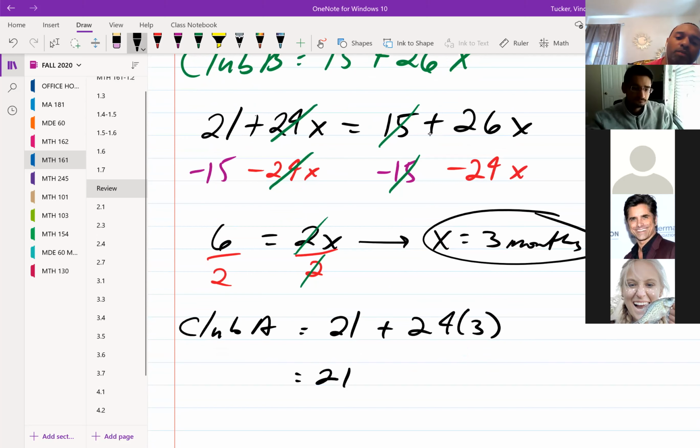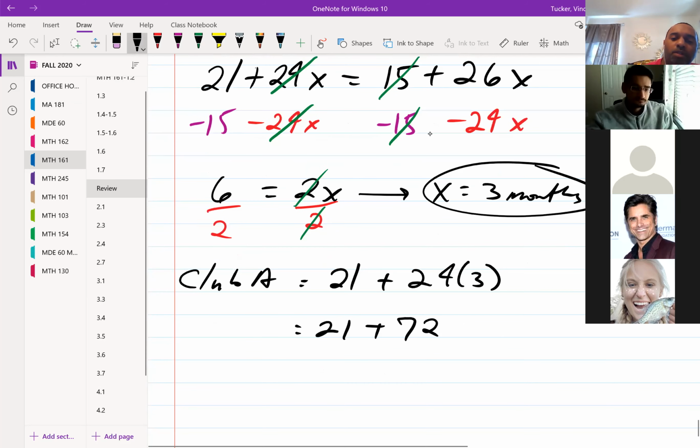So that's 21 plus 72, not 82, 72. And that's 93. So it should be $93.